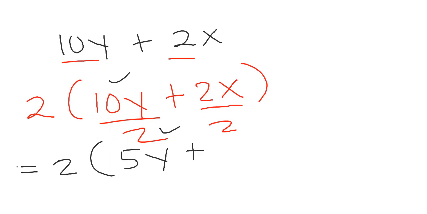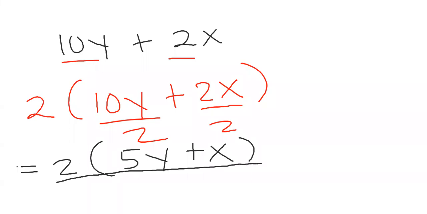Then plus, the numerator and the denominator are the same, so they cancel out, and we are left with an x. So our final answer is 2(5y plus x).